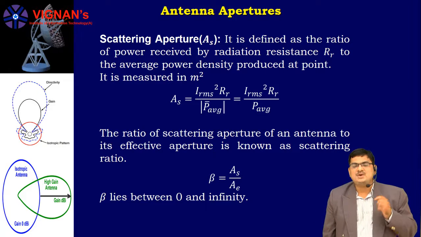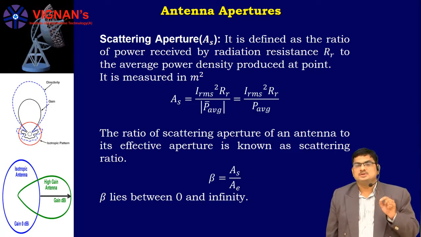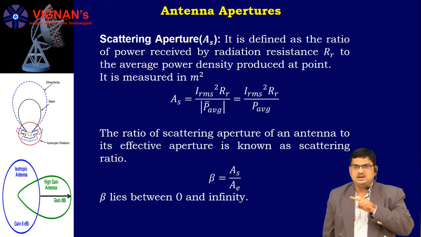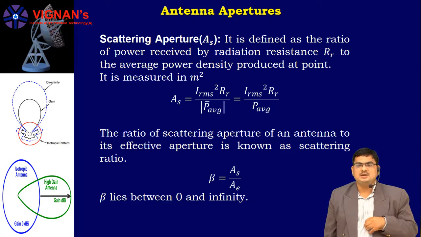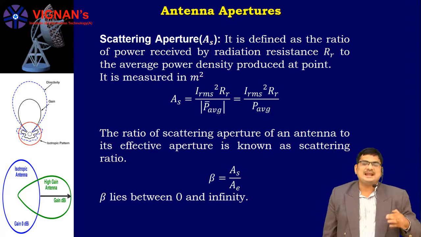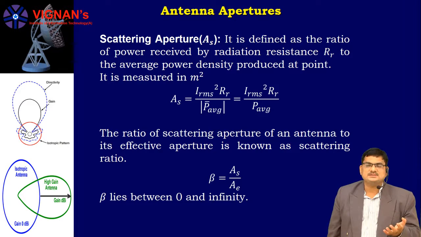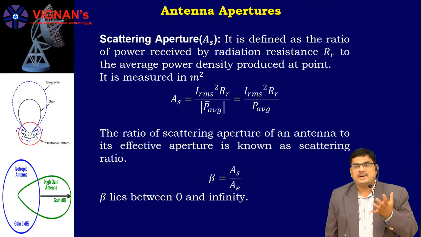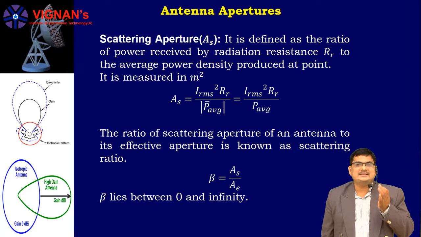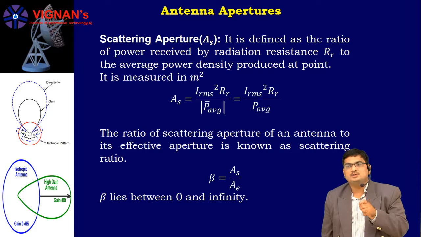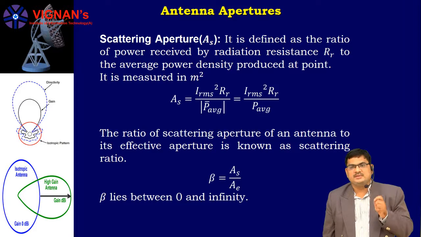The scattering aperture is the ratio of power received by an antenna with radiation resistance to the average power density. Its value is in between 0 and 1.